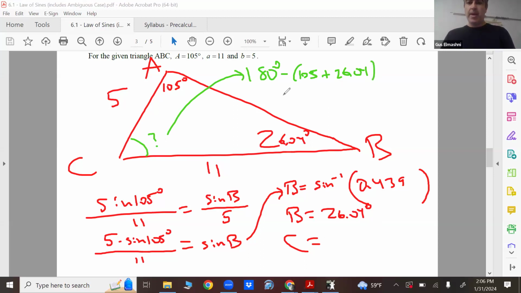Which is, I'm trying to do it in my head, which you shouldn't, but 131.04, 48.96. Yeah, 48.96 degrees. So that's angle C. That's angle B.